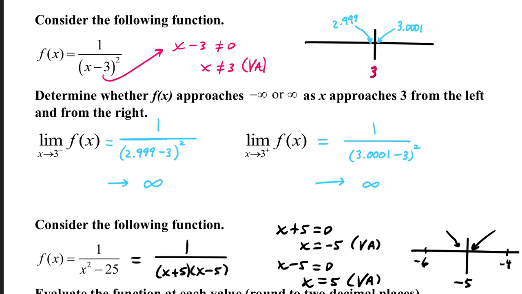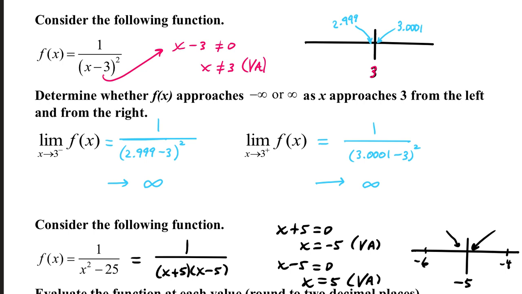From the left, you would use numbers that are smaller than 3, but pretty close. When you approach from the right, you get close to 3, but you have to use numbers that are larger than 3. See how this one's just barely left of 3, and this one's barely right of 3?